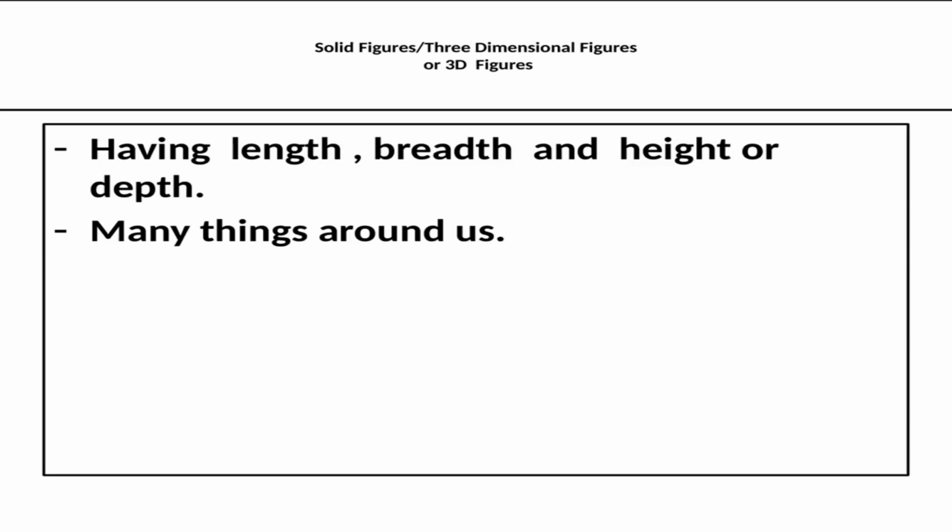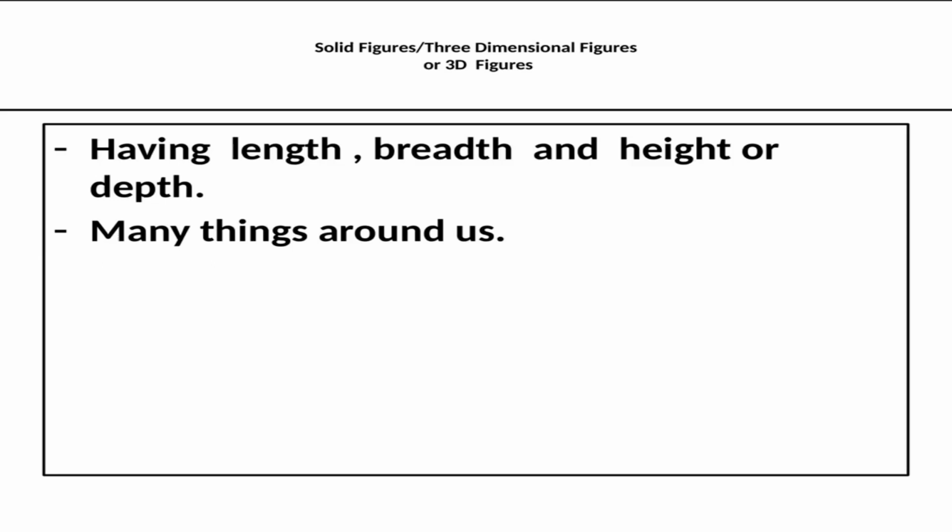I have already given you examples: your book, your mobile, your board, your TV, all are examples of solid figures. So solid figures have length, breadth, height or depth, but a plane figure has only length and breadth. That is why a plane figure is also called a two-dimensional figure, and in a three-dimensional figure there is length, breadth and height.